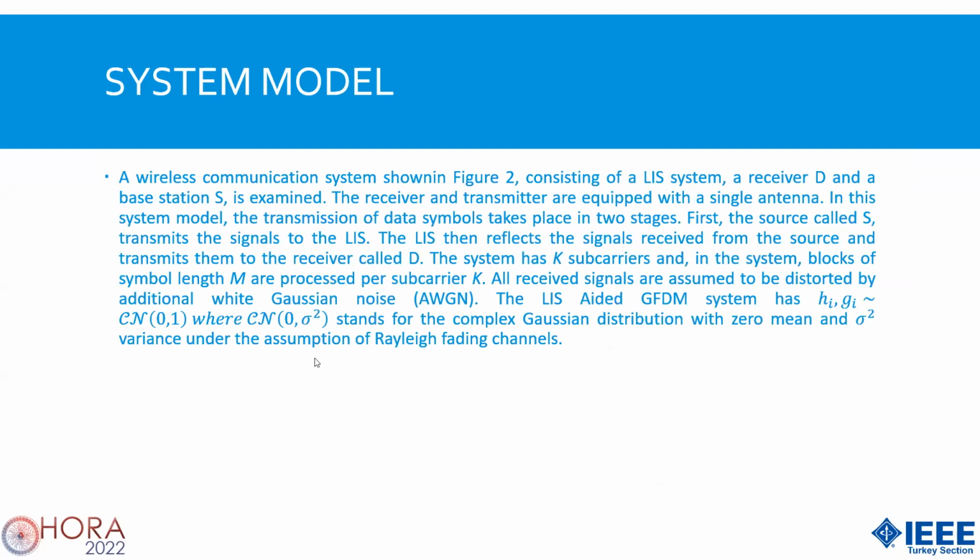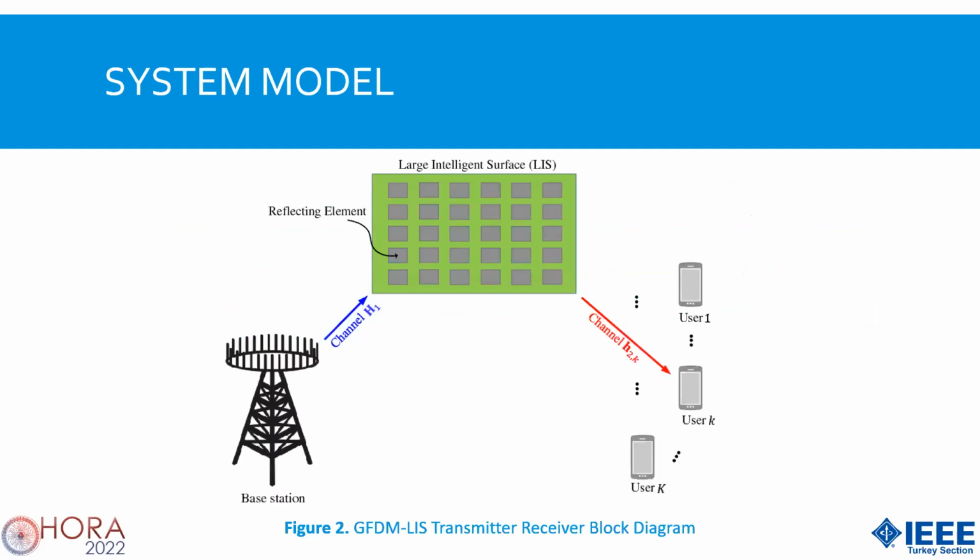On the LIS side, the wireless communication system shown in figure 2 in the next slide consists of the LIS system. We have a receiver called D, and a base station called S is examined. In this system model, the transmission of data symbols takes place in two stages: first stage H1 channel and second stage H2 channel.